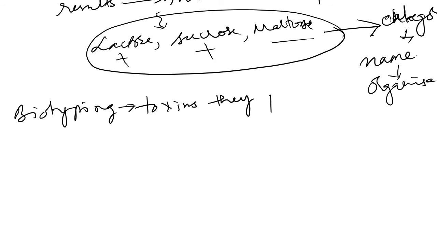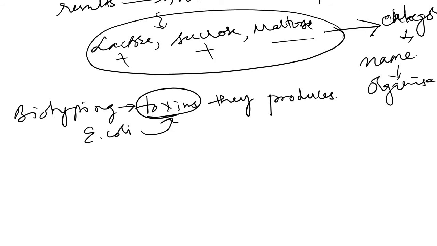Based on whether a particular toxin is produced by the bacteria or not, you can biotype the group. For example, you have the E. coli species, and if it produces a particular type of toxin, it can be biotyped as a certain particular group.